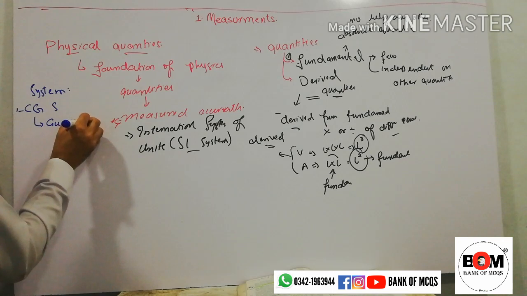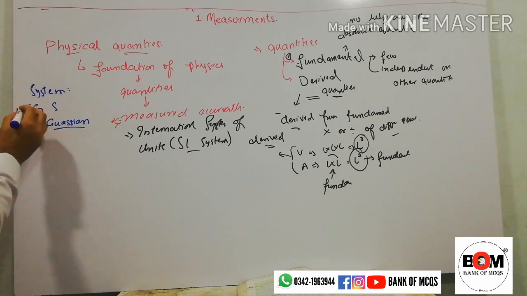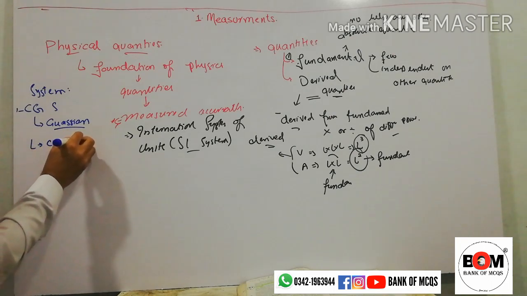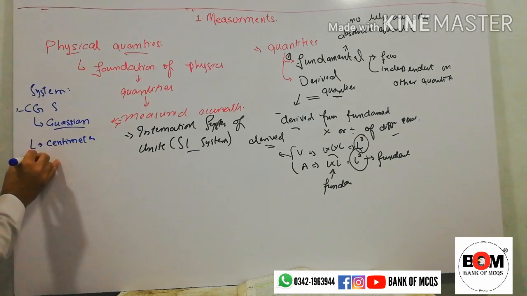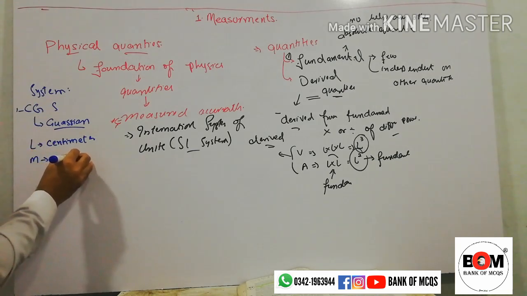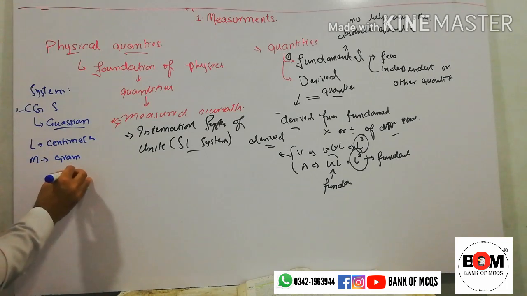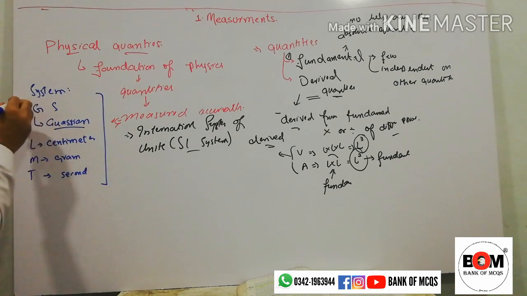In the CGS system, C means centimeter, so length is measured in centimeter, G is gram, which is used for measuring mass, and S is second, which is used to measure time. So this was our first system, called the CGS system.